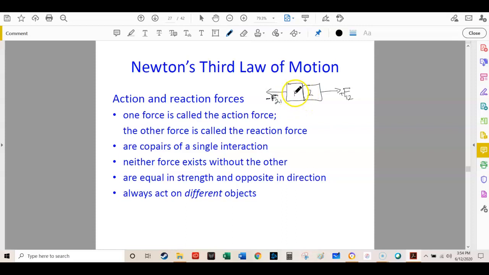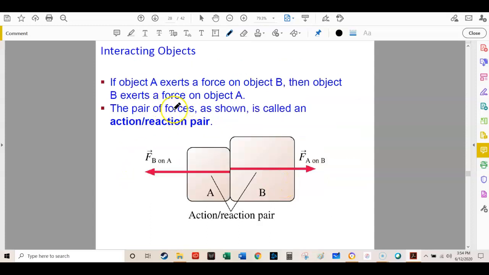And in this case, when block 1 is interacting with block 2, you create two forces that actually cancel each other out, right? The overall net force of this is going to be 0 because this force is equal to this force. It's just in the opposite directions. So they have the same magnitudes, just opposite directions, okay? And so that's kind of the case that we have right here.